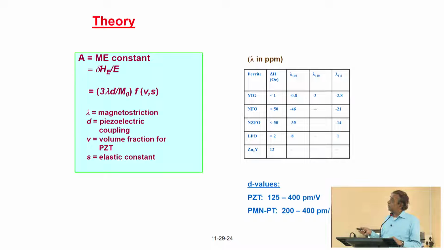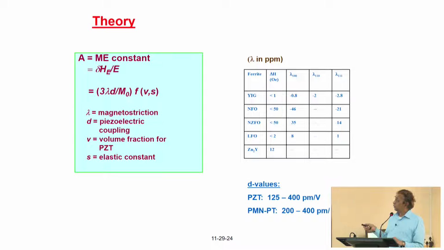So, lithium ferrite has a line width of less than 10 Oersted. It is rather difficult to get 2 Oersted, that is the value mentioned here, but it is a challenge. And nickel ferrite has a much higher line width, even in the form of a single crystal film, between 25 and 50.